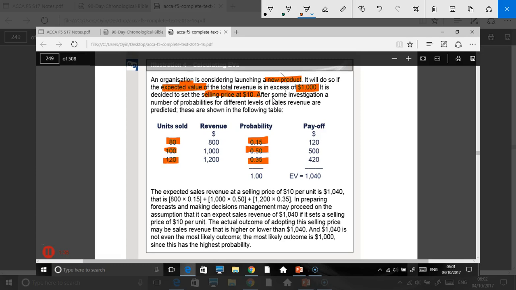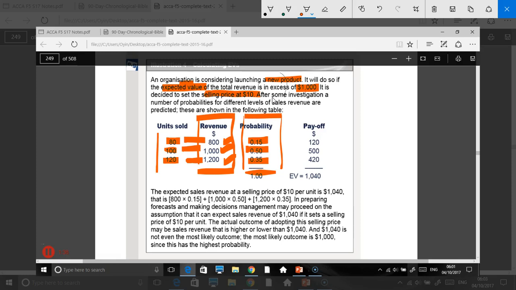So if the selling price is £10 on all units sold, £10 times the number of units gives us the revenue, and we then have the total revenue and these probabilities. So we can find the payoff at each level of revenue.